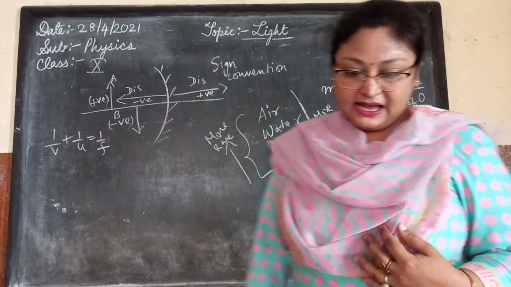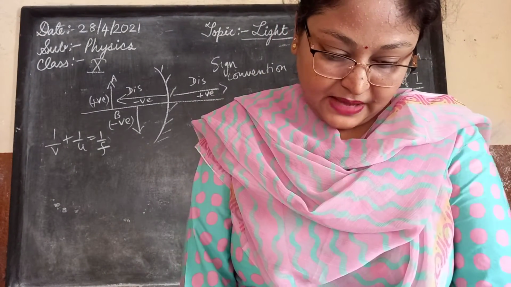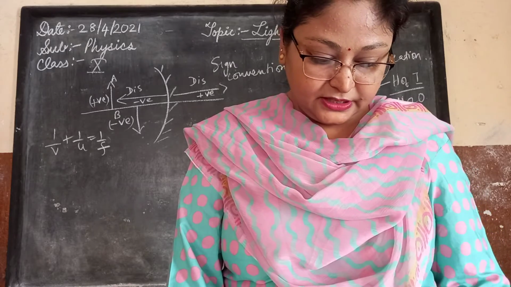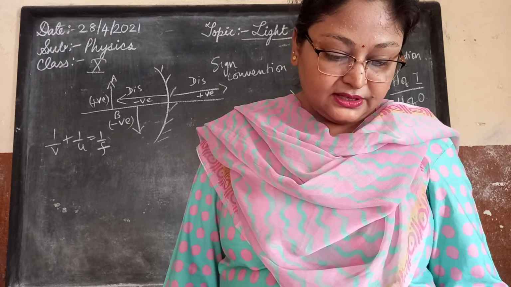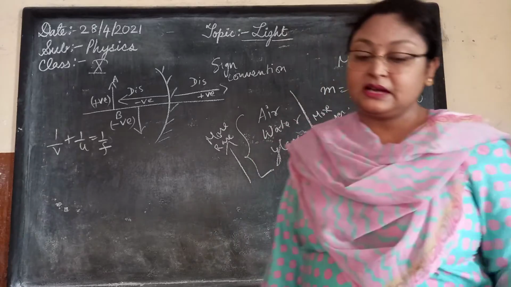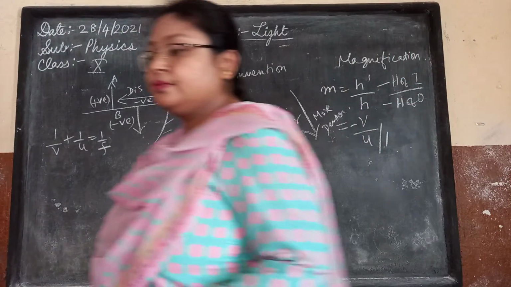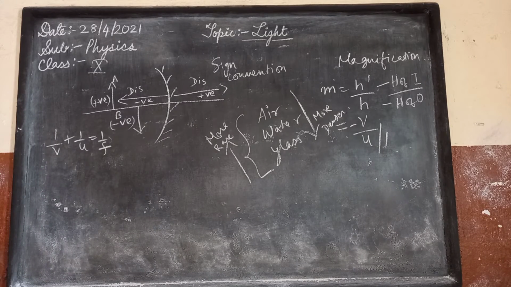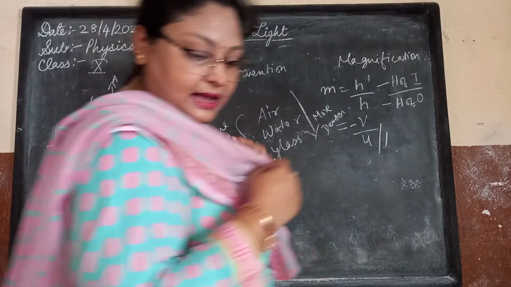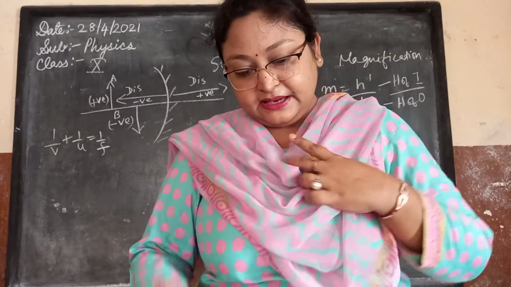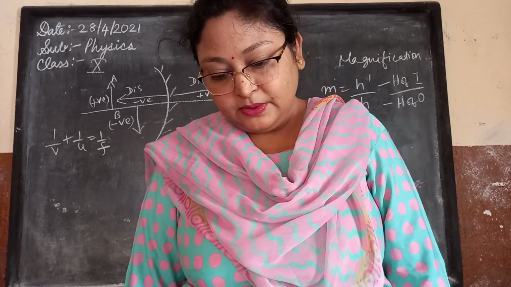Then we have the activity given in this reference with a rectangular glass slab. In this activity, I will tell you what we need to do. We are taking a glass slab, and the light moves from air to glass.